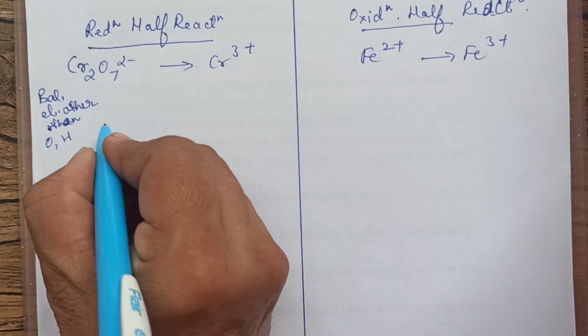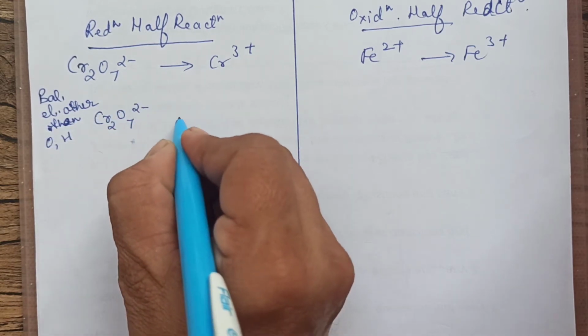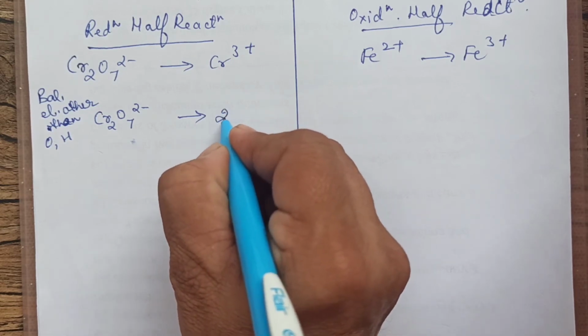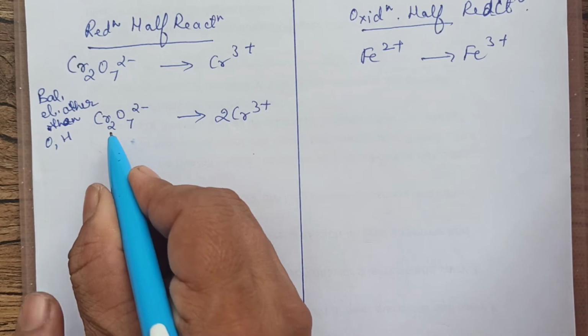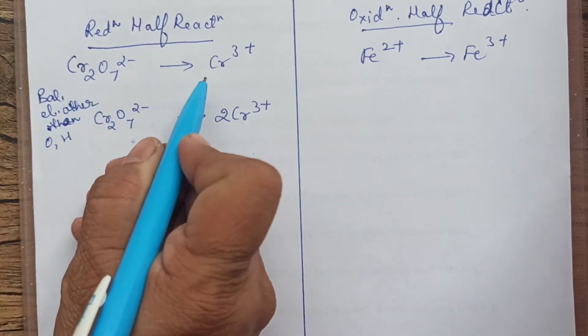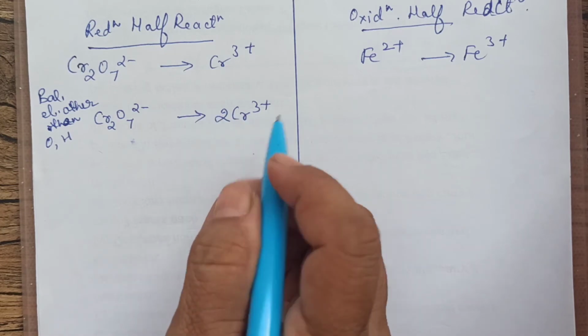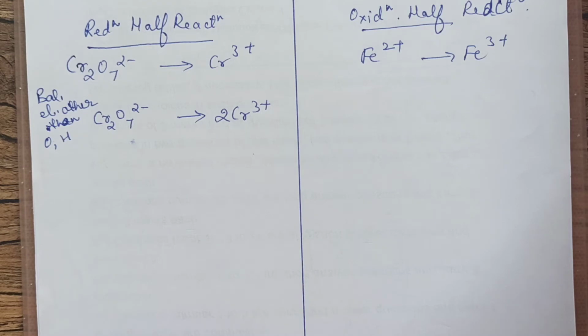Chromium. So we'll copy this whole thing again. I'm writing this whole thing again and again every time to explain it. To balance, we will write 2 chromium. There were 2 chromiums on the left and only 1 chromium on the right, so I've put 2 chromium. Let me balance this side completely, and then I will start on the other side.